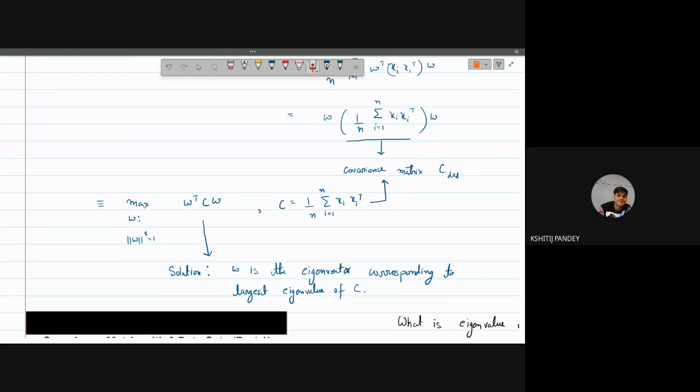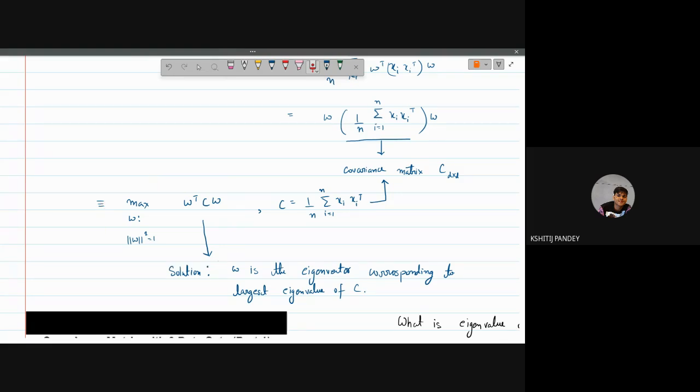So equivalently we can maximize for W such that norm square of W is equal to 1 this quantity, W transpose CW, where C is equal to this. And it turns out we already know the solution for this problem.